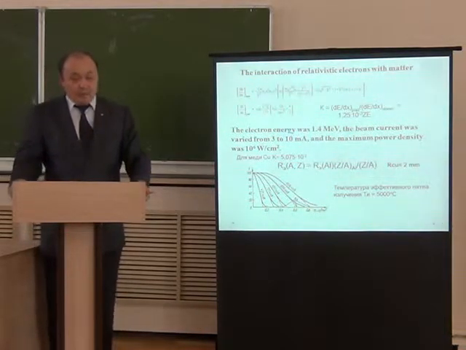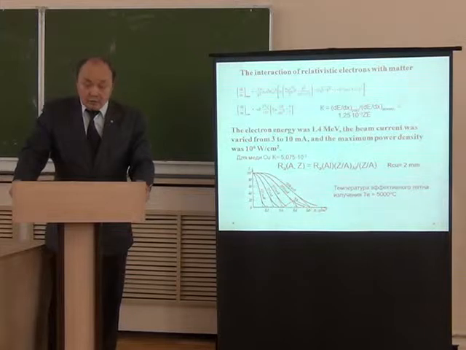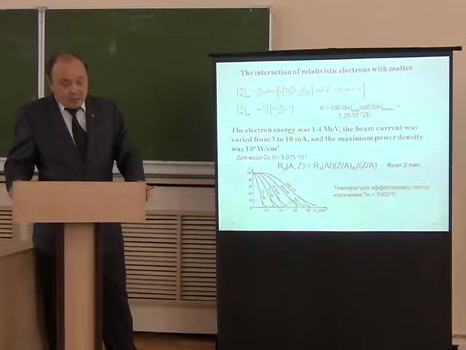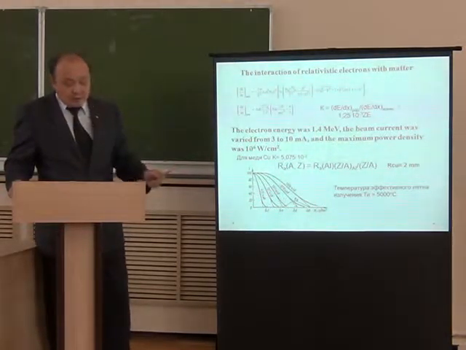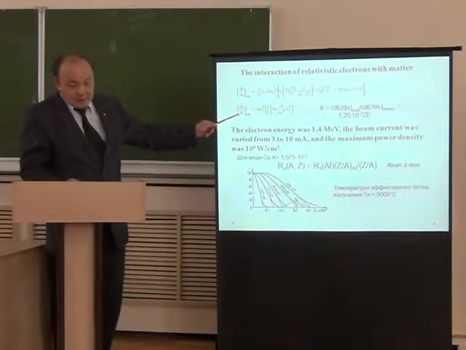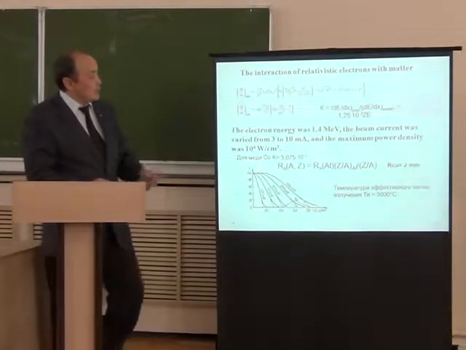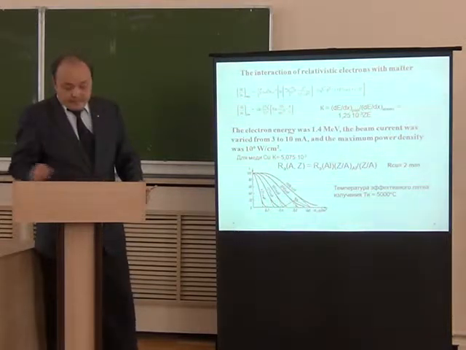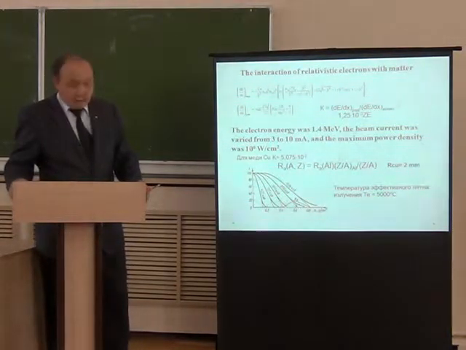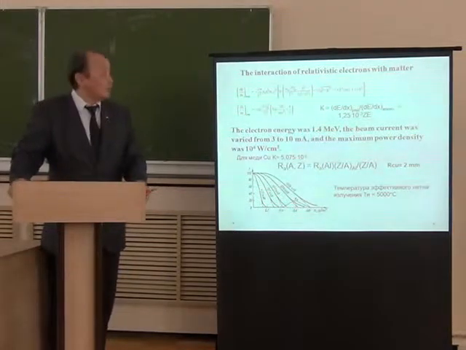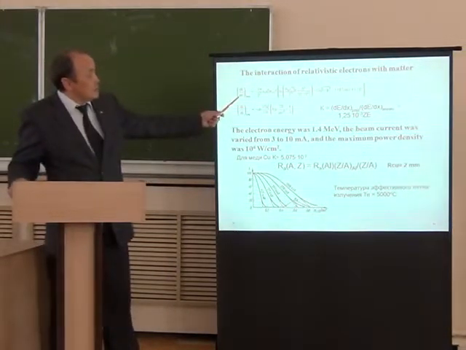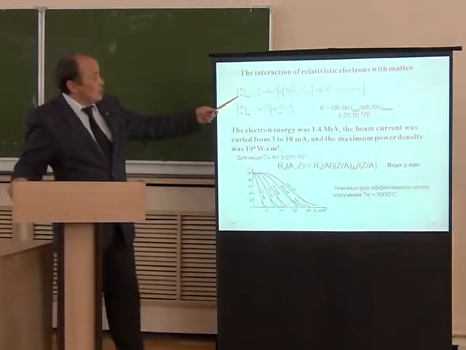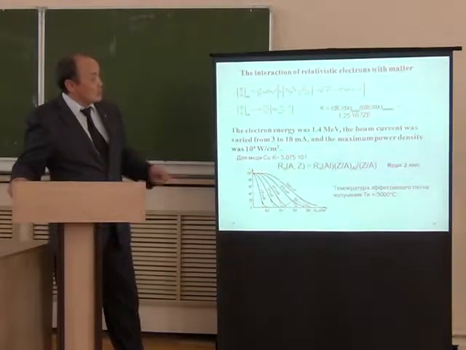The interaction of relativistic electrons with matter consists of two types of energy loss, ionization and radiation, given by the Bethe-Bloch formulas. This is ionization loss, this is radiation loss.